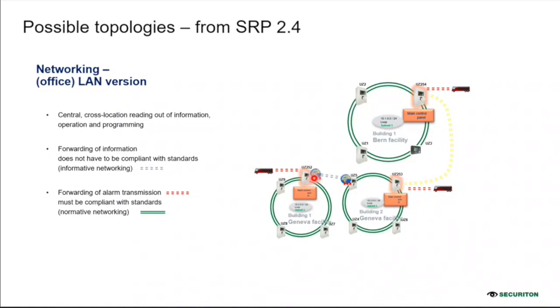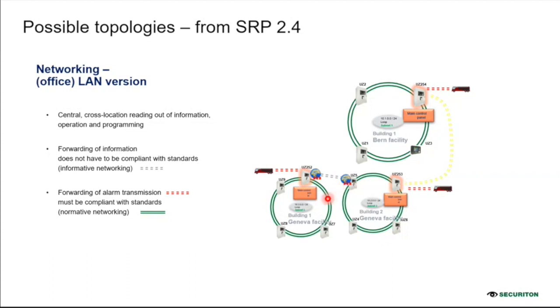So what is the difference? We have some limitations for the norms. Whenever we are able to have, also with the routers, a redundant connection, we can consider that connection, let's say, a proper connection, because in case of fault we have a redundancy.